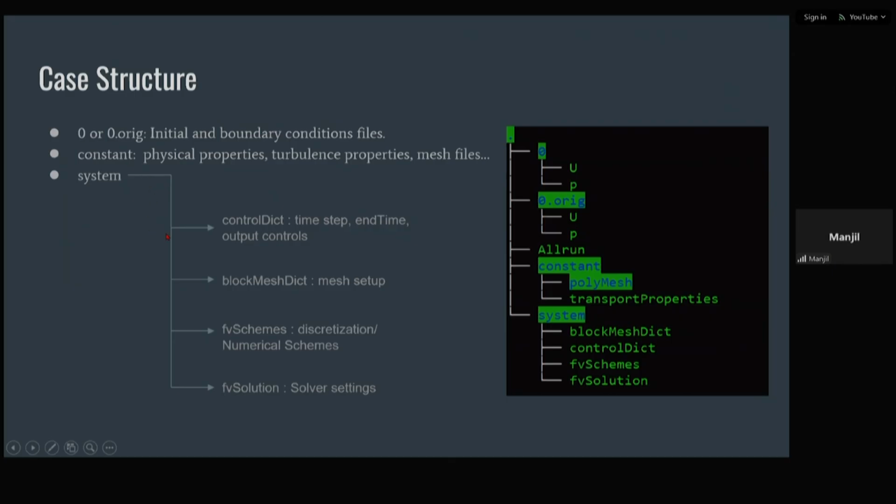System allows us to control our different parameters. In system we have controlDict, blockMeshDict, fvSchemes, fvSolution. In controlDict we can assign time steps, end time, and output controls. We will eventually see this while we dive deeper into the simulation in the case setup.